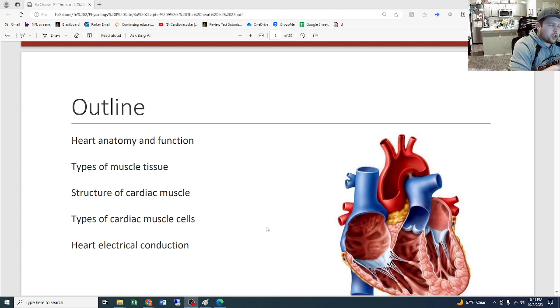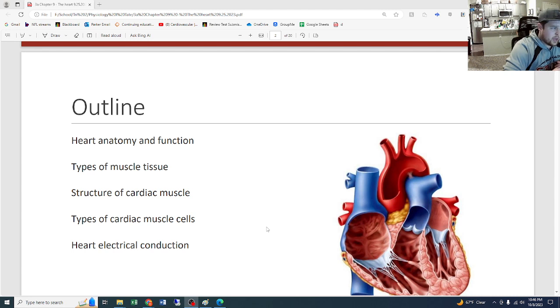And additionally, you're going to need to know the heart really, really well for a lot of reasons after this try. So if you learn the heart really well this trimester, you're going to be in a much, much, much better shape.